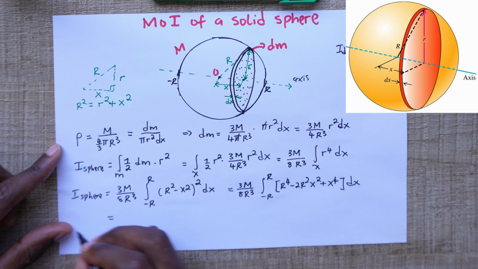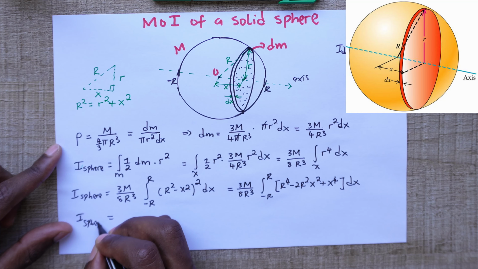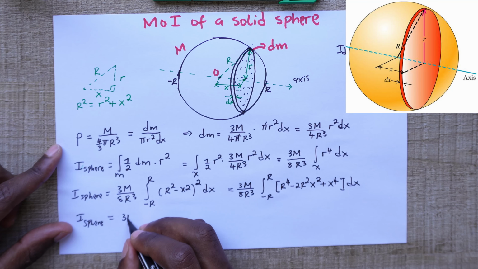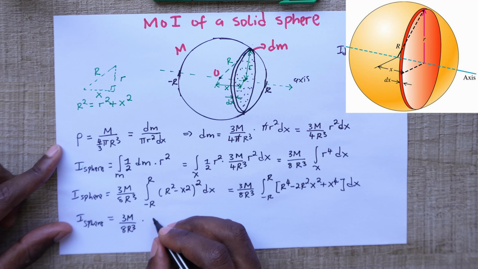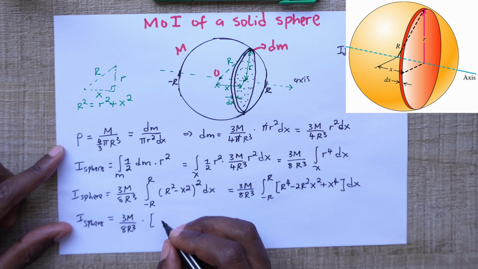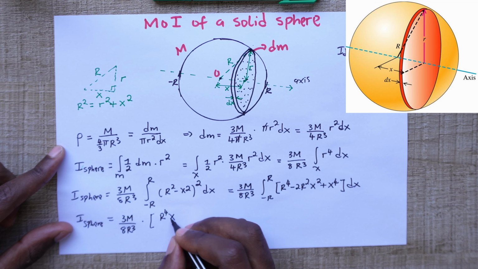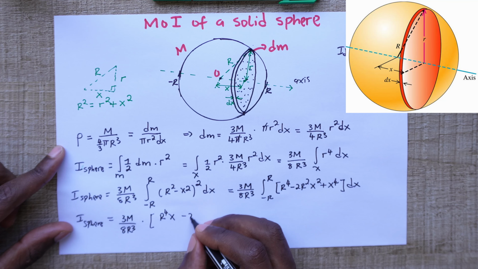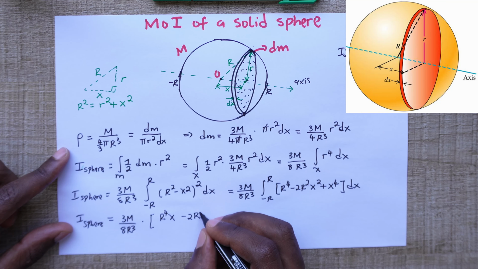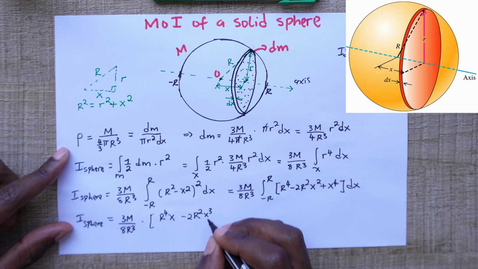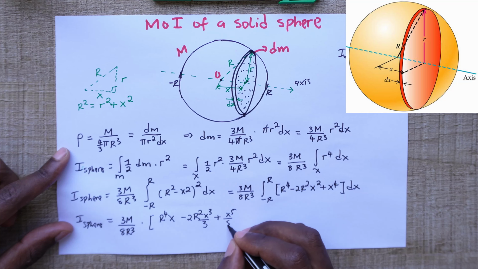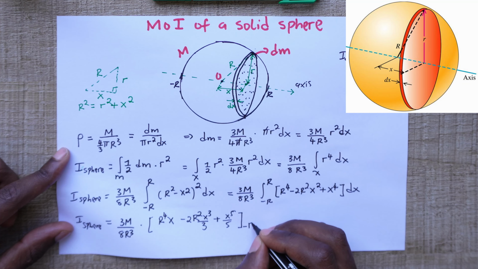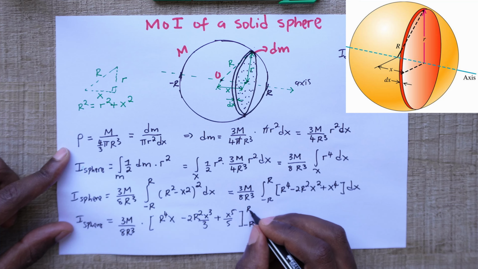Then we integrate, so let's say I sphere is going to be 3m divided by 8R cubed times R to the power 4 x minus 2R to the power 2 x cubed over 3 plus x to the power 5 over 5. And then we apply the boundaries of integration like that.